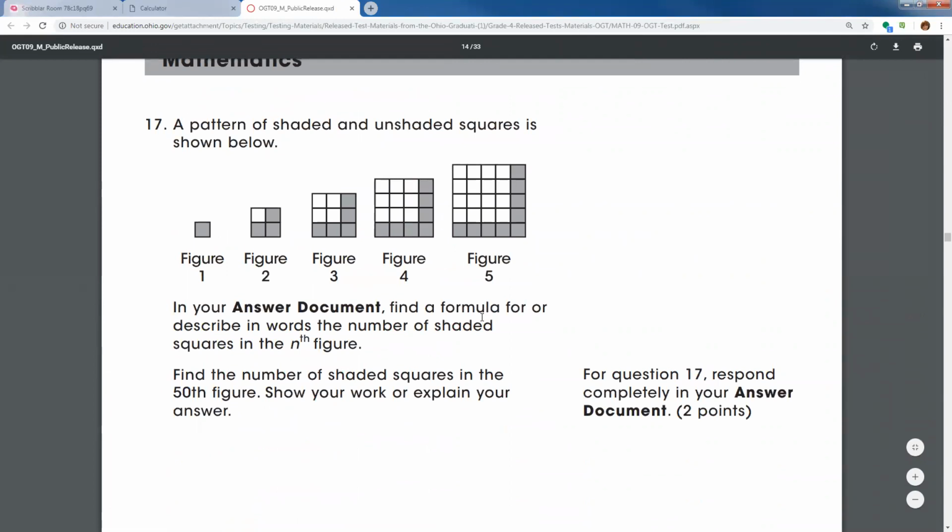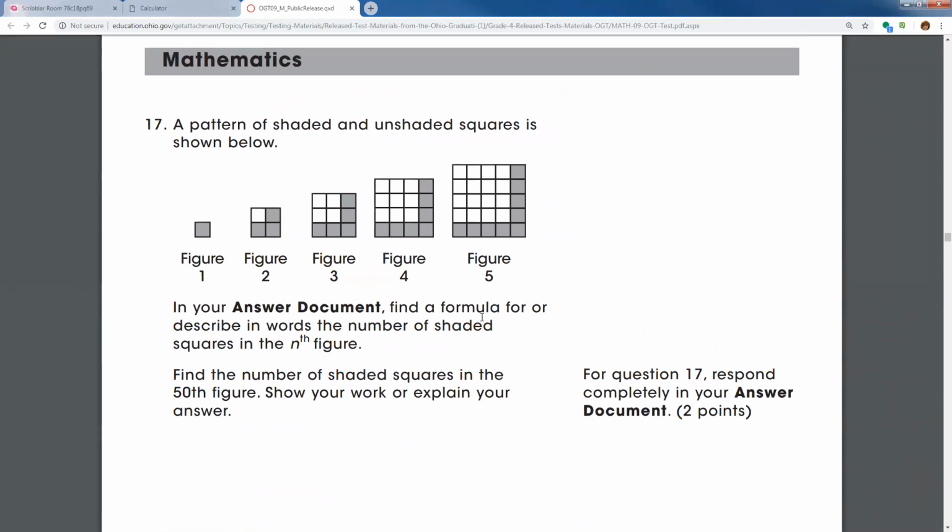So another free response one. A pattern of shaded and unshaded squares is shown below. In your answer document, find a formula for, or describe in words, the number of squares in the nth figure. Find the number of squares in the 50th figure, show your work, or explain your answer.